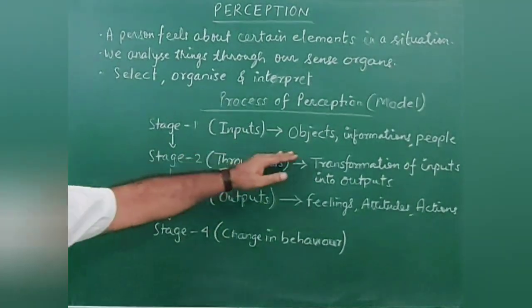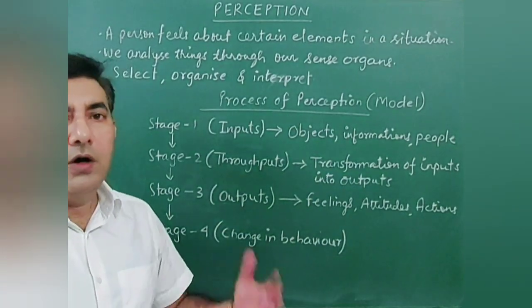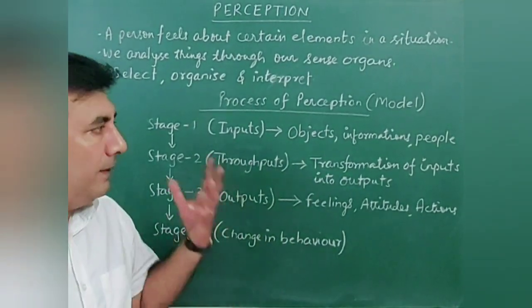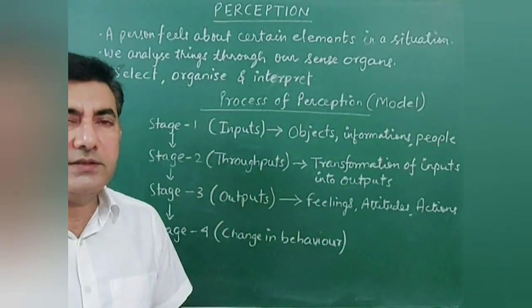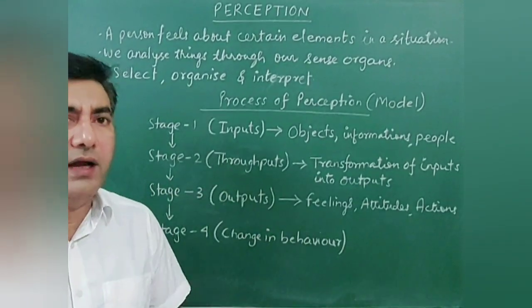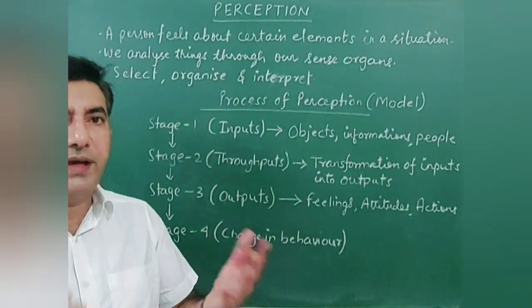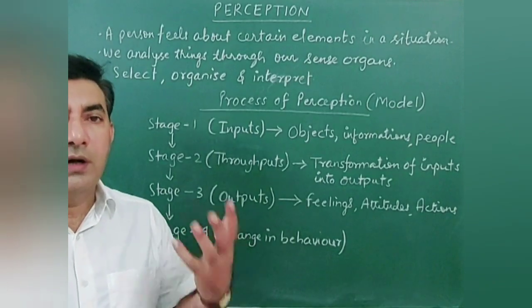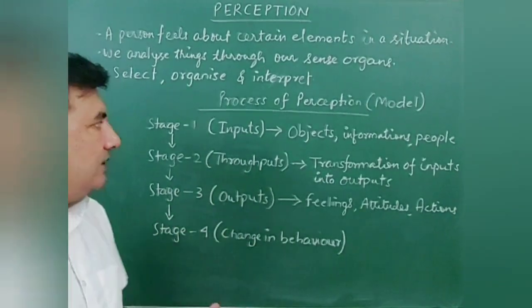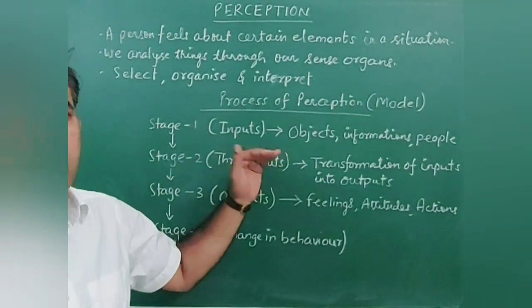In inputs we gather information: objects, ideas, people. So all the information, all the ideas, all the events that we gather by using our sensory organs will compose the input.